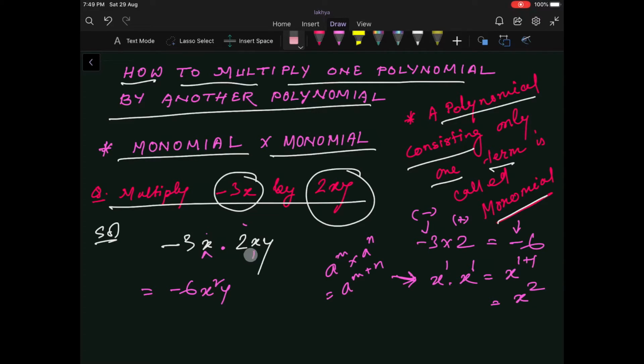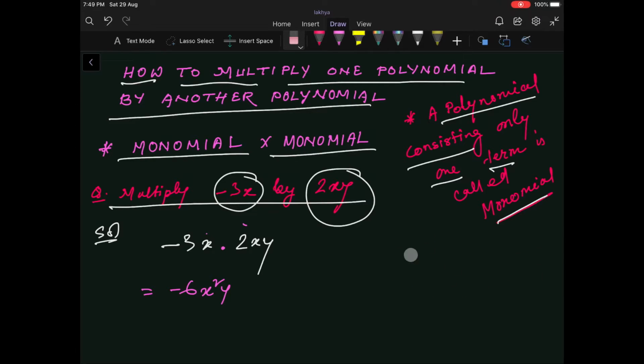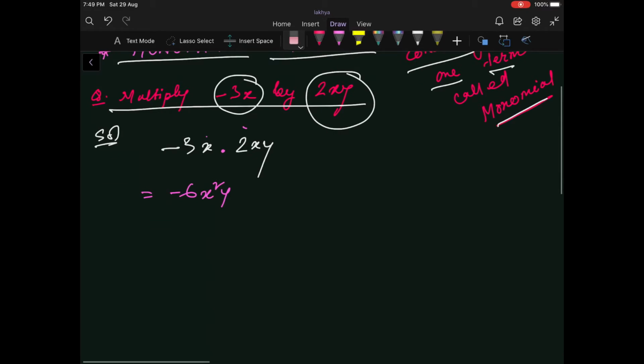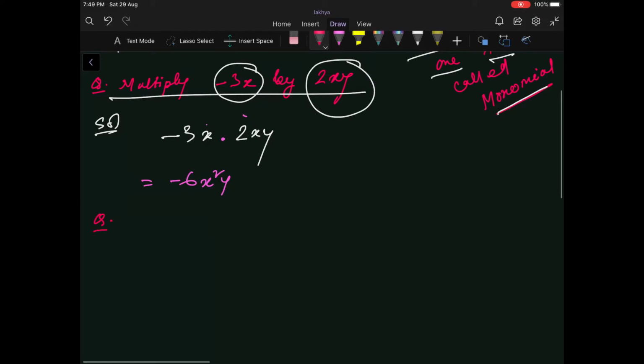Okay, now let me show you another example. Suppose we have another question: multiply minus 5x square y to the power minus 3 by minus 3x to the power 3 y to the power 2.